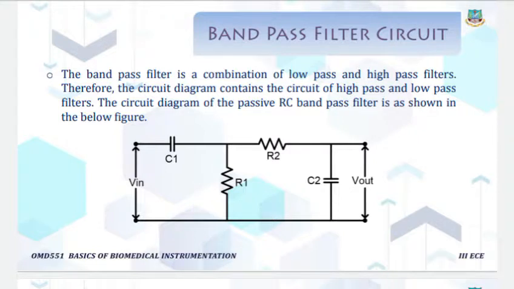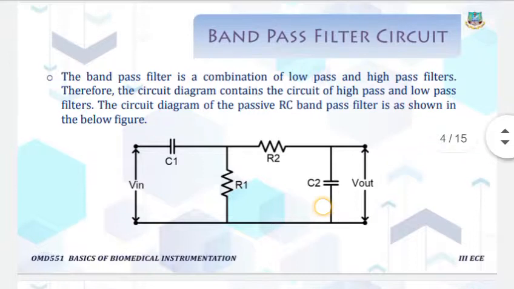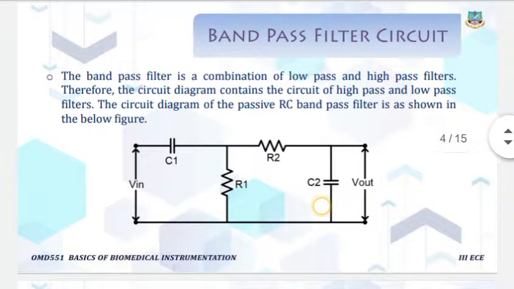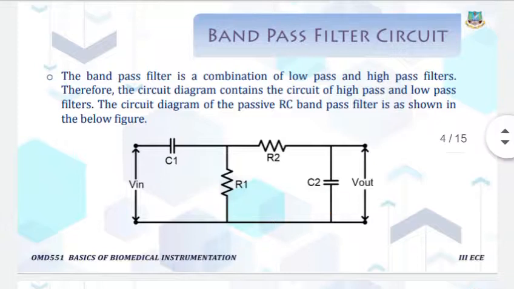And R2 and C2 constitute the RC low pass filter. What about this filter? This will allow the signal which has frequencies lower than the higher cutoff frequency. There will be two frequencies, the lower cutoff frequency as well as the higher cutoff frequency.